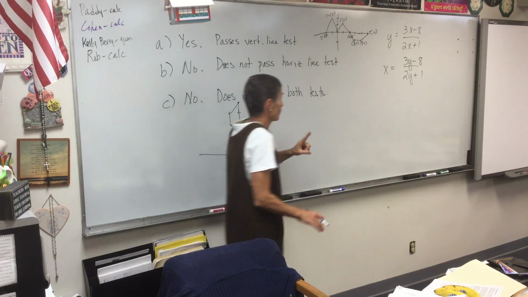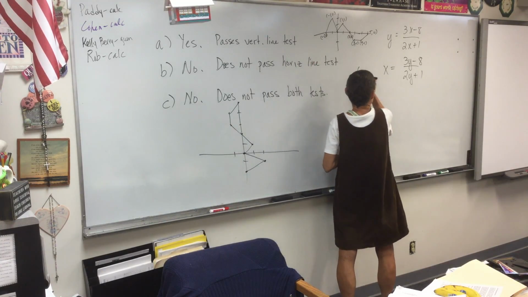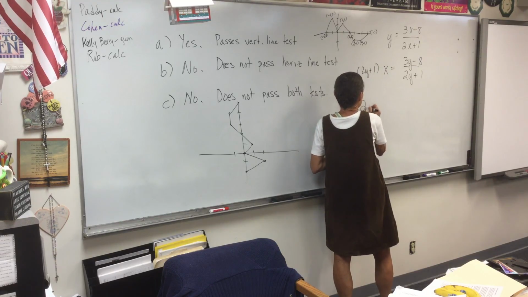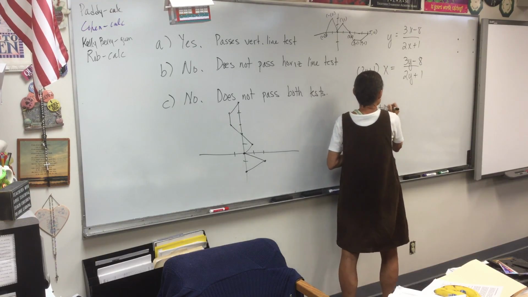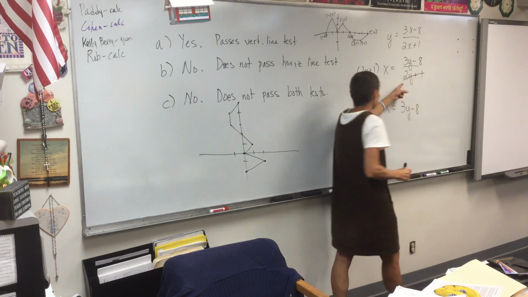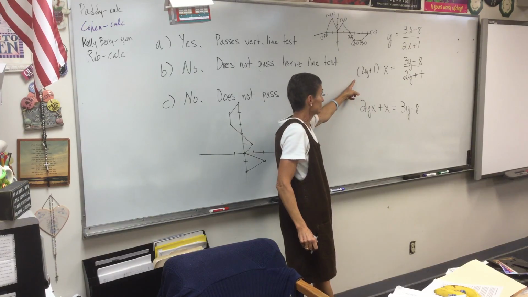Now, I'm gonna bring my denominator over and distribute. So I have 2yx plus x equals 3y minus 8. I'm bringing that over here.